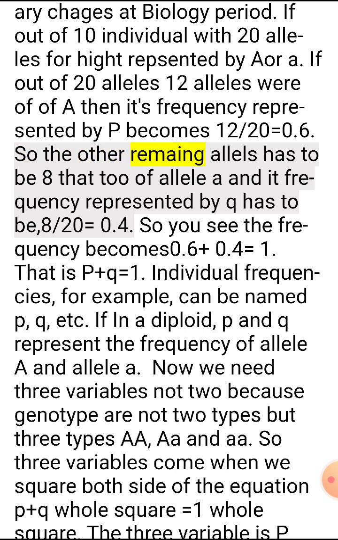So the remaining alleles have to be 8, that is of allele a, and its frequency, represented by q, has to be 8/20 equals 0.4. So you see the frequency becomes 0.6 plus 0.4 equals 1. That is, p plus q equals 1.